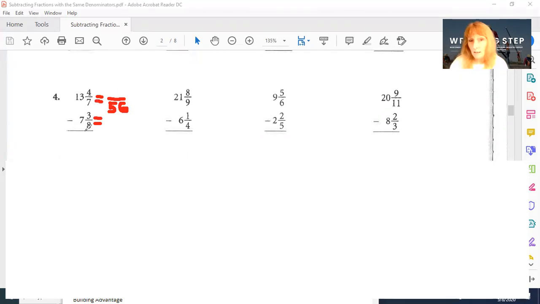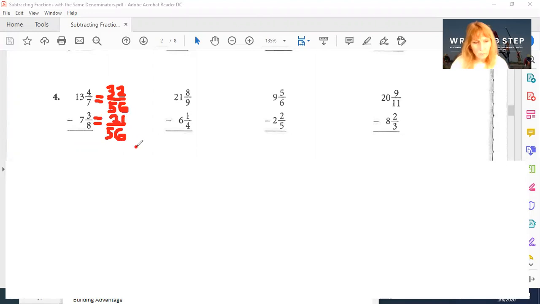Well, we just said 8. So I times 8 on the top. 4 times 8 is 32. The second one, I have 56 on the bottom. And how many 8s go into 56? 8 times 7. So 3 times 7 on the top is 21.